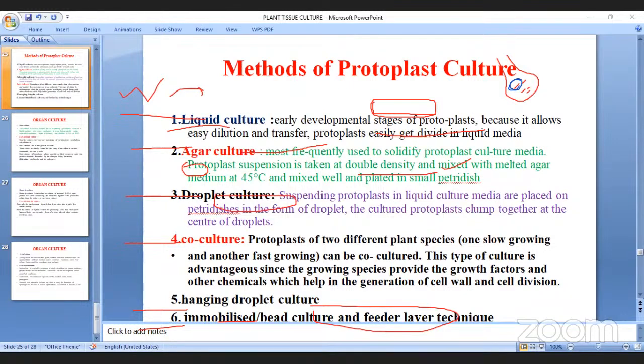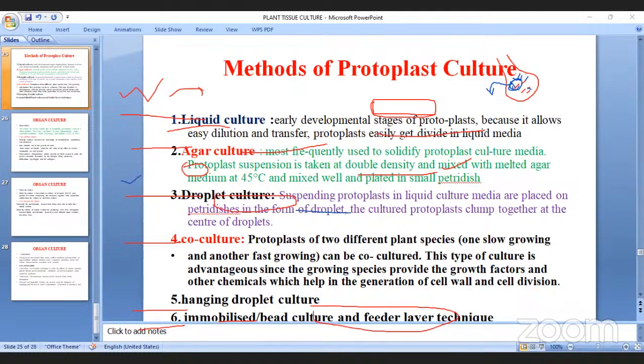When we place it in orbital shakers, this protoplast due to shaking is separated into small pieces. Now with the help of droplets, we separate the protoplast and place it in another medium. So from the liquid medium, protoplast is picked up as a droplet and placed on another medium. So this is the droplet method.